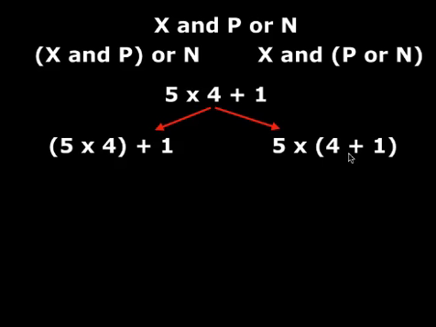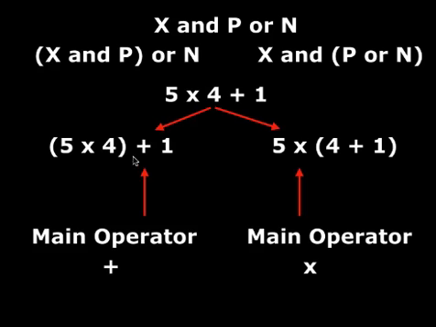So 5 times 5 would be 25. So they would evaluate to different things. This would be 25, this would be 21. In this case, the main operator would be addition. This whole thing is a sum, and the two things that are being added is this and this. Here, the main operator is multiplication. The two things that are being multiplied is this and this. Okay.